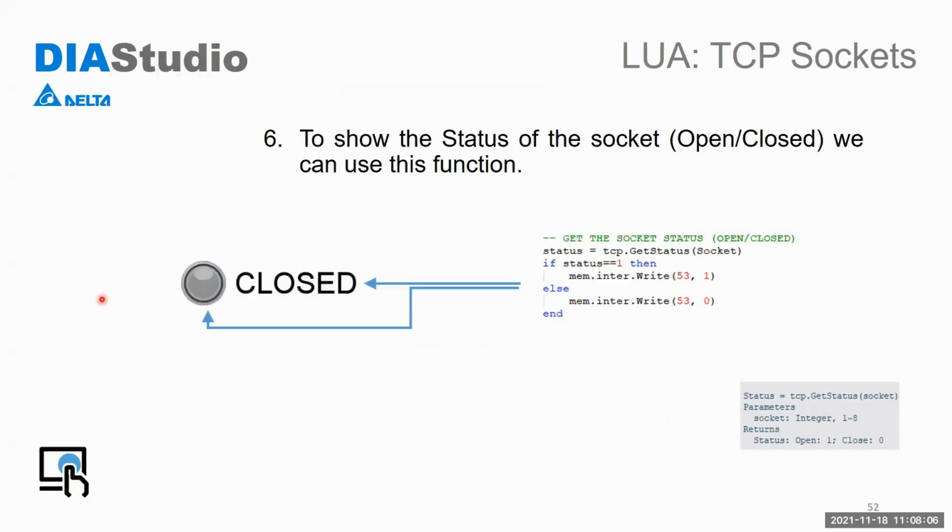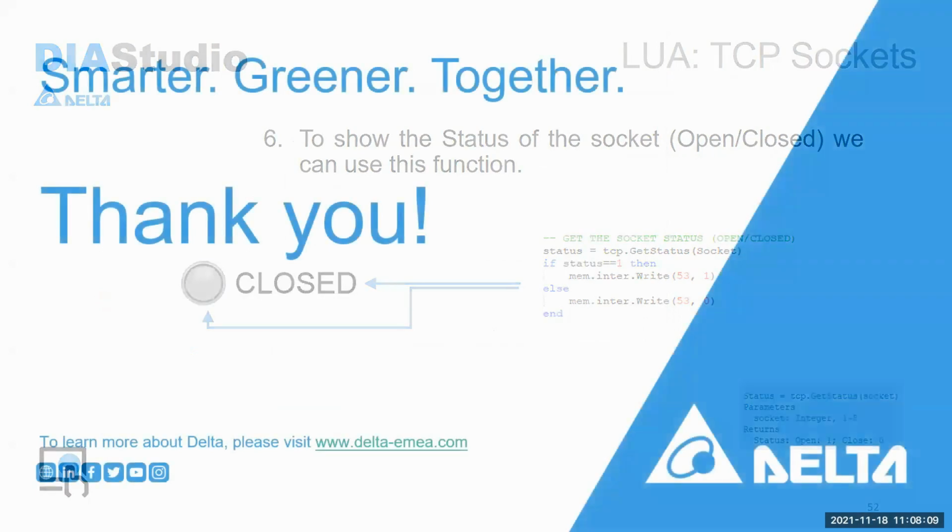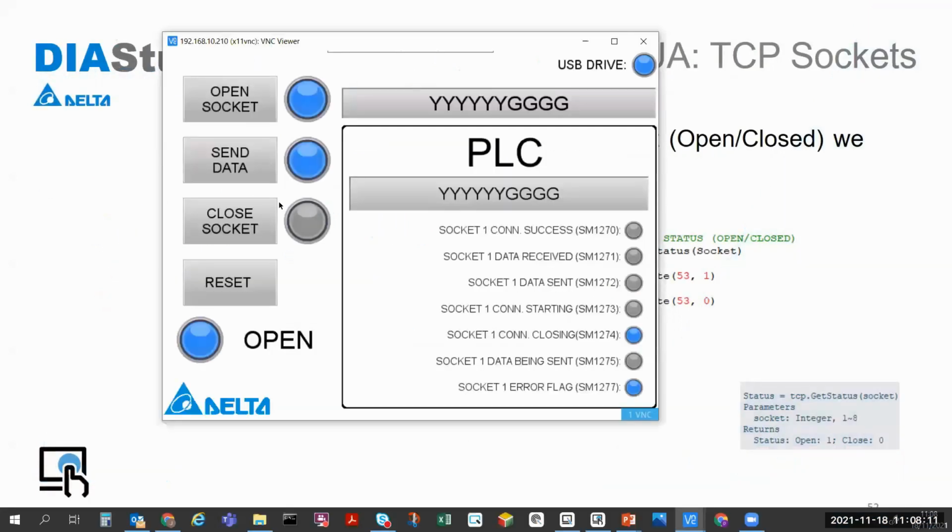And sorry, that's all. So now it's open. Let's close and reset. Okay, can do it. If I want to write again, you just open the socket, and modify blah blah blah.